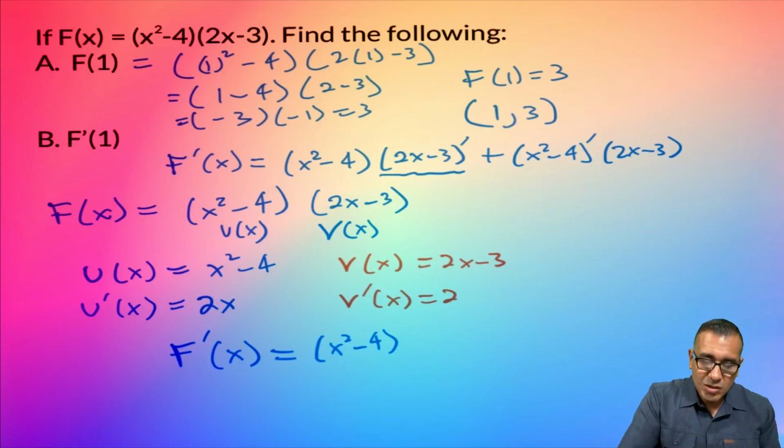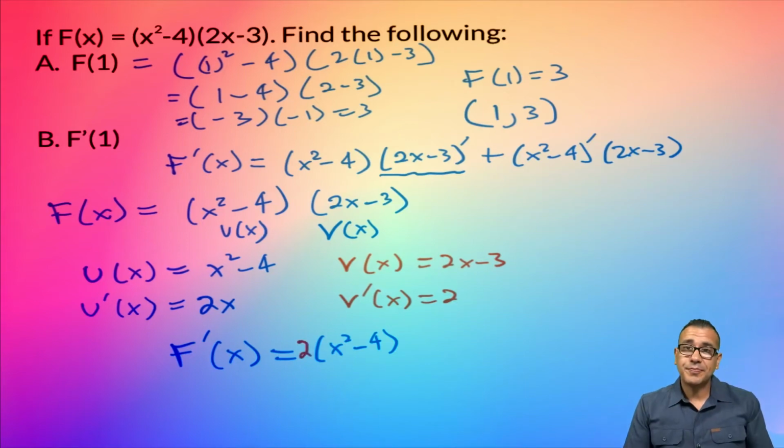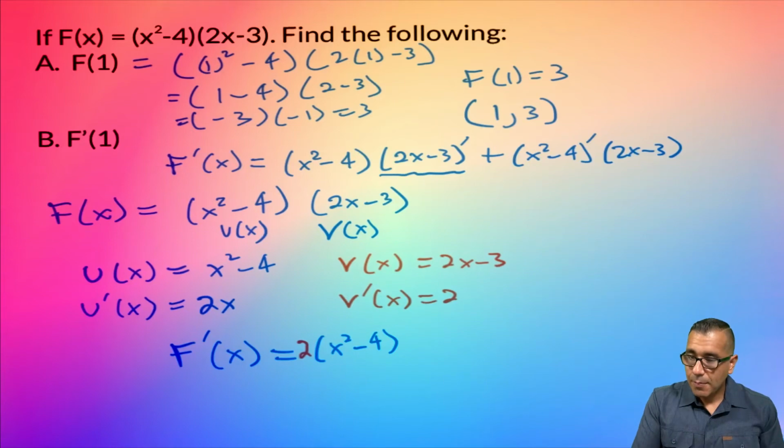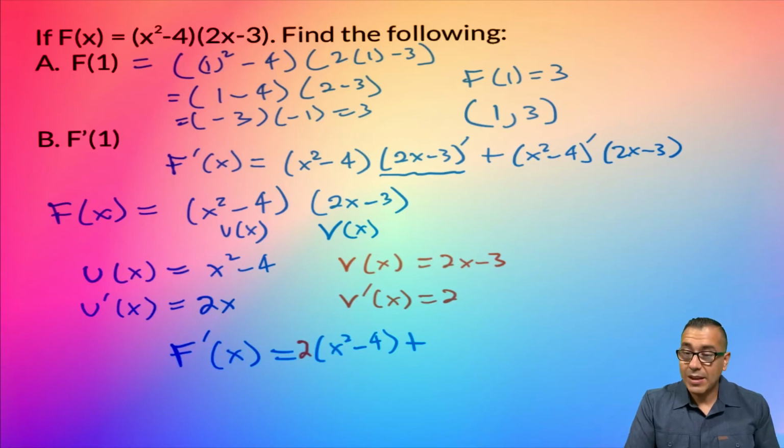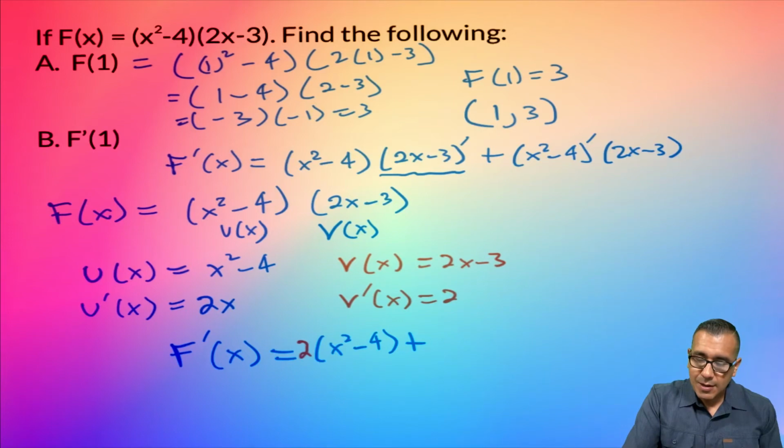So let's actually just bring the 2 in front there. Alrighty. Plus, so plus, the derivative of x squared minus 4. We're finding the derivative of u of x. So the derivative of u of x here is just 2x. And I'll do a breakdown just in case you got lost. All right. And then times 2x minus 3.